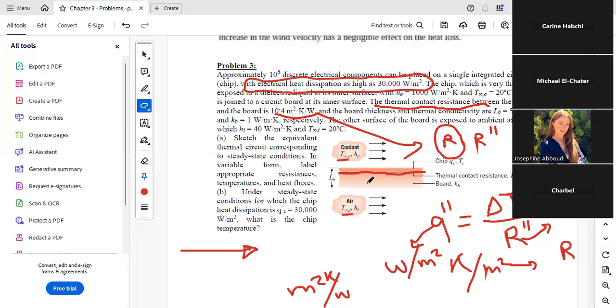The generated heat will be dissipated in two directions, okay? So here, one part will be lost, let's say, to the upper side, and one part will be lost to the lower side, okay? And here we need to draw appropriately the thermal circuit. What is new here?